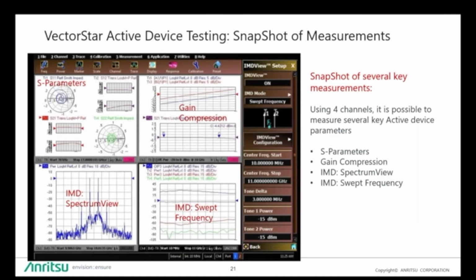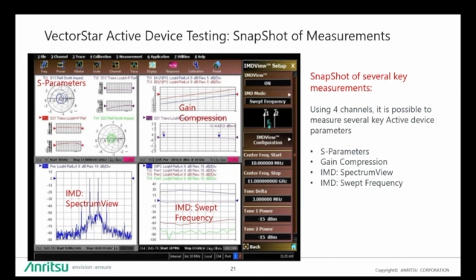Moving on, this is very useful where you can actually measure things like S parameters, gain compression, spectrum view IMD, and swept frequency IMD, all in the same view. You have 4 different channels, which the VectorStar allows. VectorStar can go up to 16 different channels.